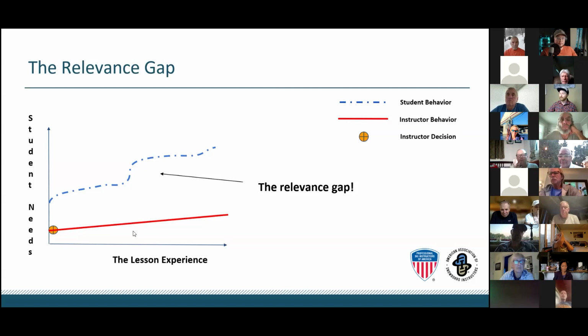So that red line right there is doing whatever the instructor is doing, and it's just going and going. They made a plan. This little dot right here was their plan. Okay. They didn't deviate. They didn't change, and they just went this way. Now it's somewhat adjacent to that line. So they may feel like they did a good lesson, and they really met the needs of the student. Okay.